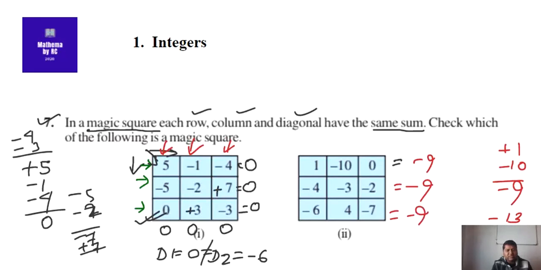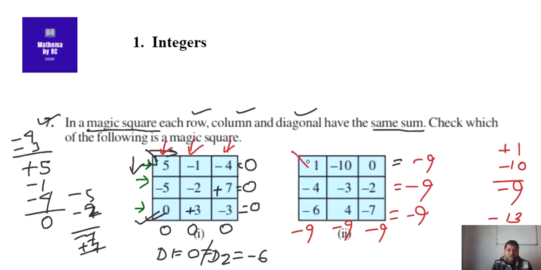Minus 4 minus 6 is minus 10 plus 1, that means minus 9. Minus 10 minus 3 is minus 13 plus 4, also minus 9. Minus 2 minus 7 is obviously minus 9.